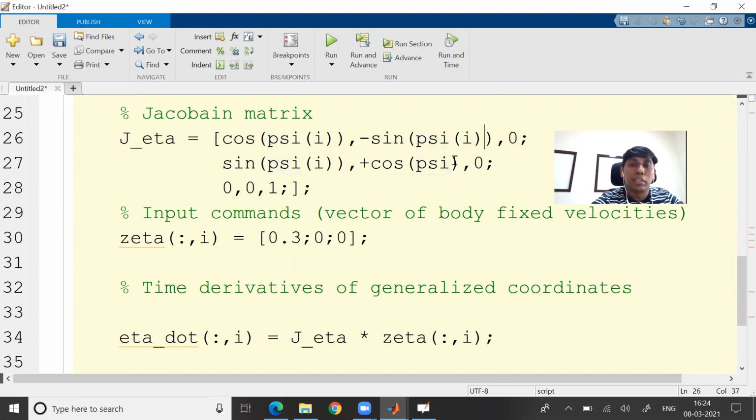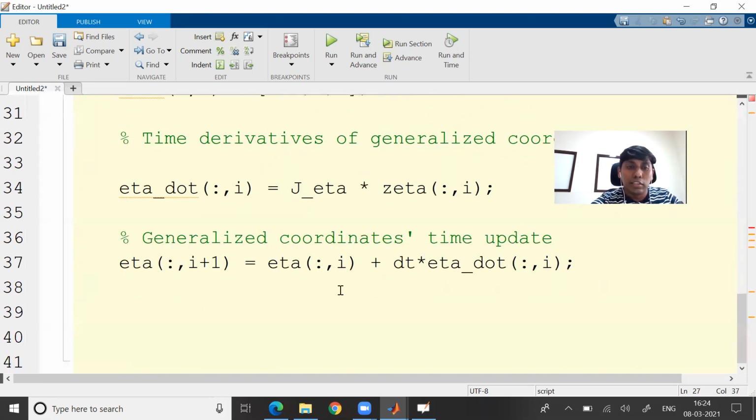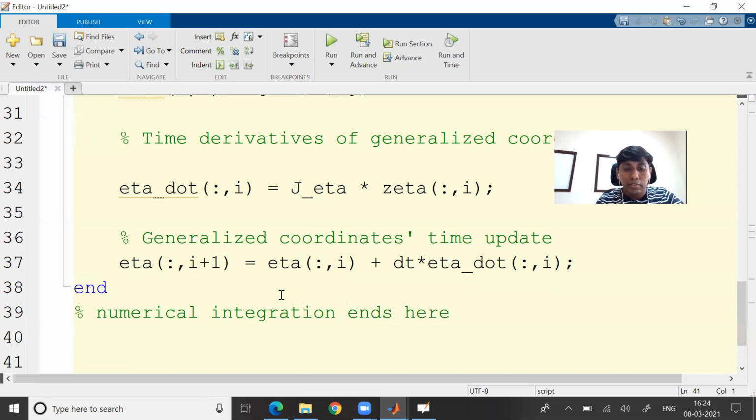It need not be, but I'm just writing it. Okay, so now if I run this, what happened? This is the integration end. Ends here. Then we are presenting results.